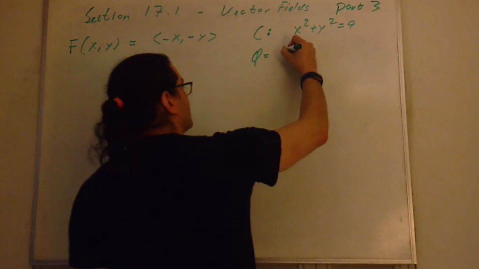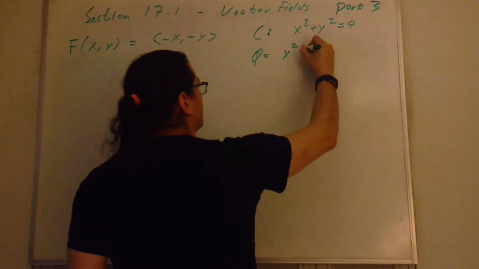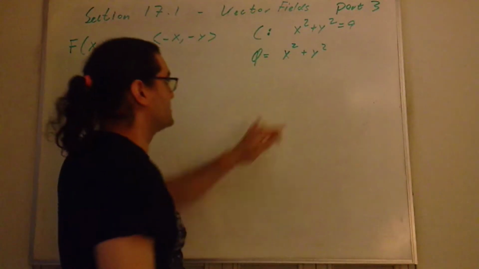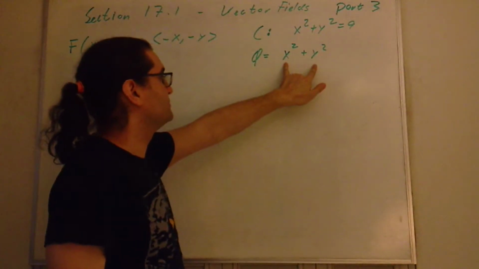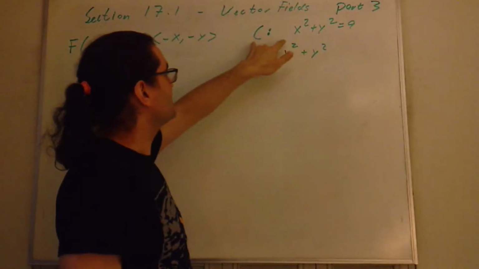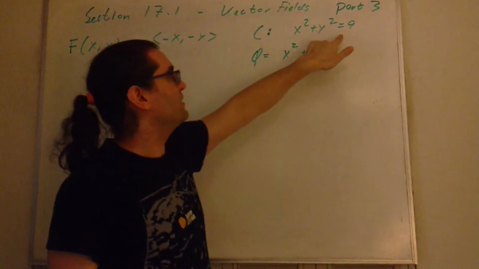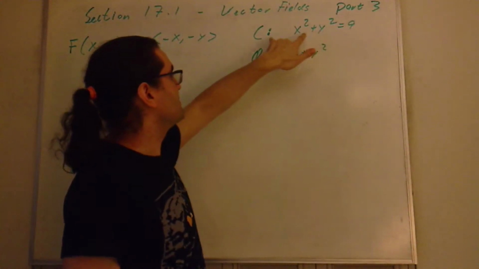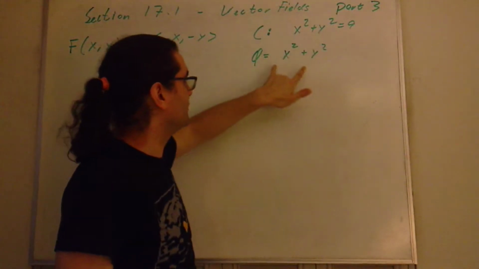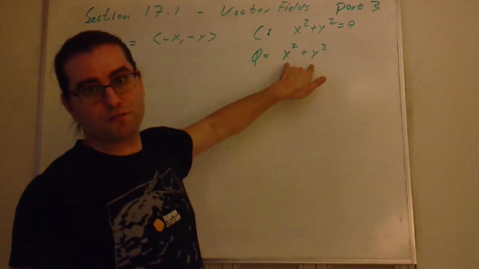So we're going to say that there's some potential function phi, which is this function x squared plus y squared, and that this particular curve is just one level curve of it. This is the phi equals 9 level curve of this larger potential function.